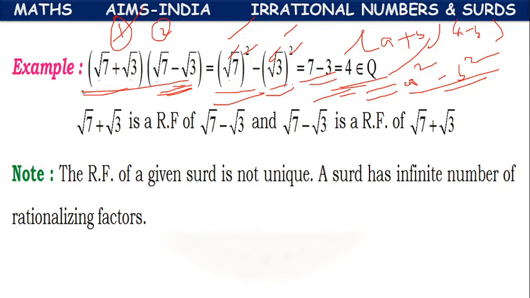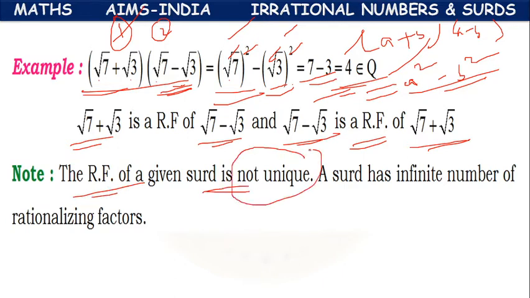So what about these two? Root 7 plus root 3 is the rationalizing factor of root 7 minus root 3, or root 7 minus root 3 is the rationalizing factor of root 7 plus root 3. Here the rationalizing factor of a surd need not be unique.